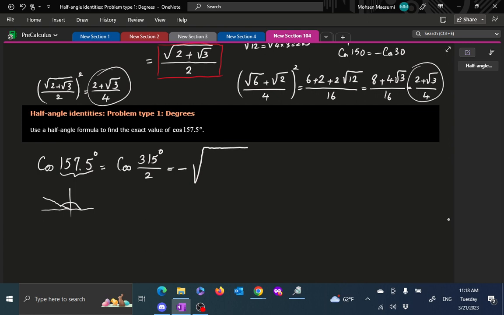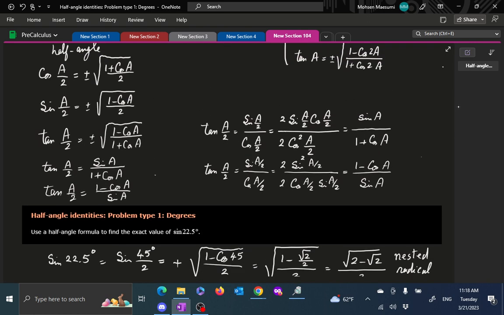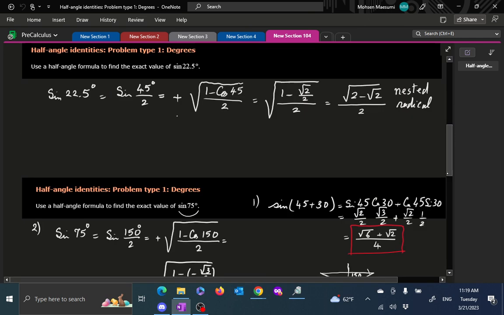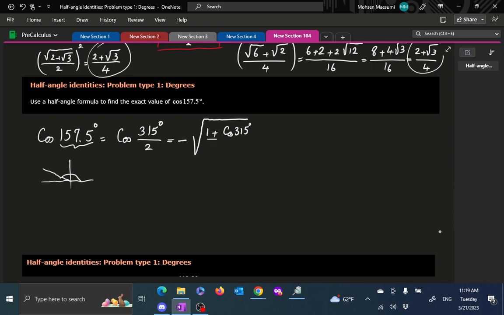Radical. So for cosine, make a choice of the plus or minus, then 1 plus cosine of the angle. So I'll have 1 plus cosine of 315 degrees, over the whole thing over 2. Well, where is 315 degrees?